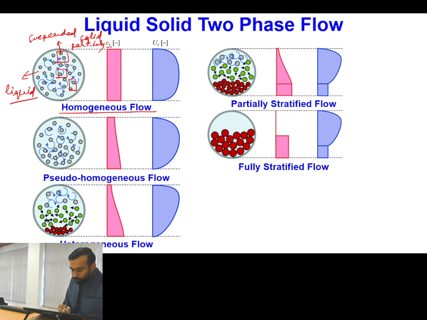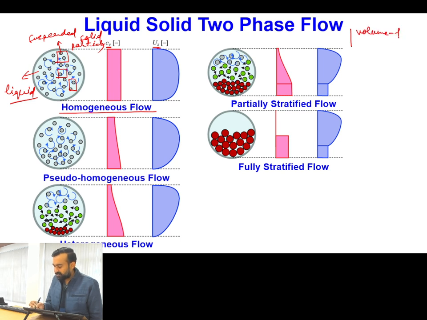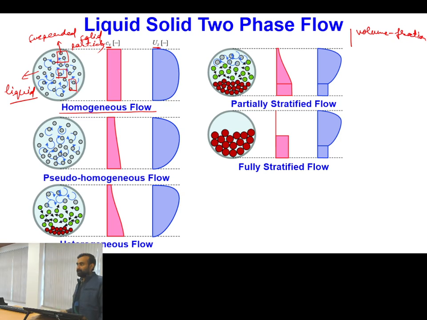Now I have plotted here two parameters. One is CV and the other is UZ. Okay, so what is CV? CV is basically the volume fraction. If you consider the control volumes at different cross sections of this pipe, everywhere almost in this control volume I will get the same amount of particles and continuous phase distributed.